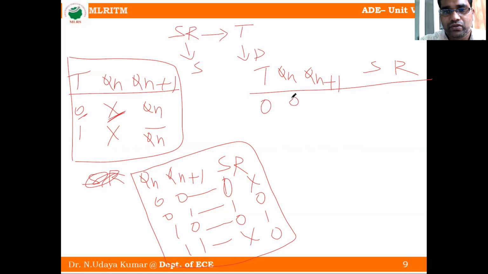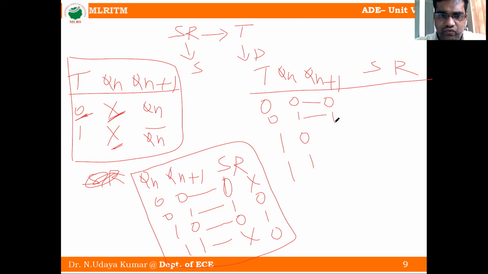Then T is equal to 1. If 0 is given, we get the same state. Present state is 0 and next state is also 0; present state is 1, next state is also 1 for T equal to 0.